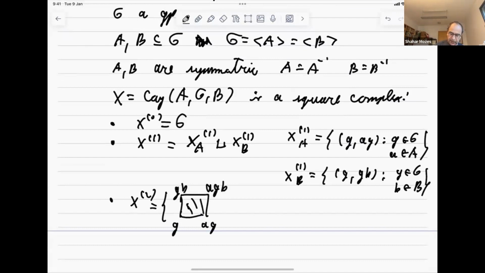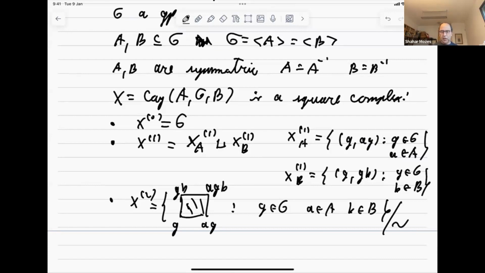Okay, so you add a square for every G and G, A and A, and B and B. And that's our Cayley graph. You have to think of them geometrically, so you mod it by all the symmetry. Think of the geometric realization.